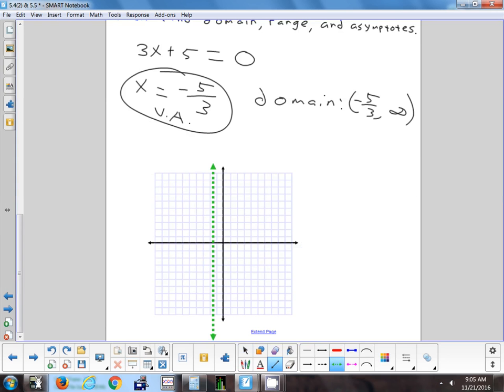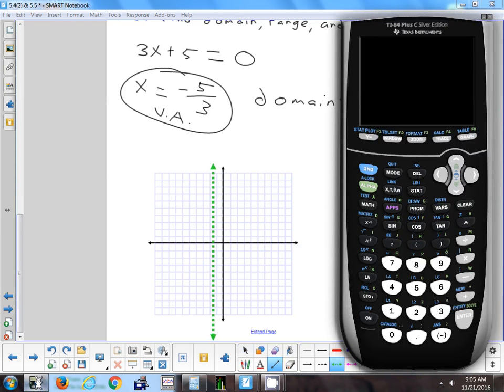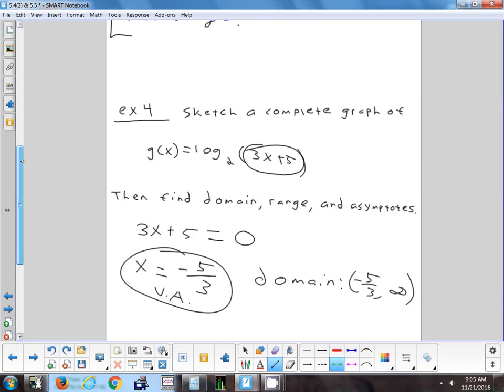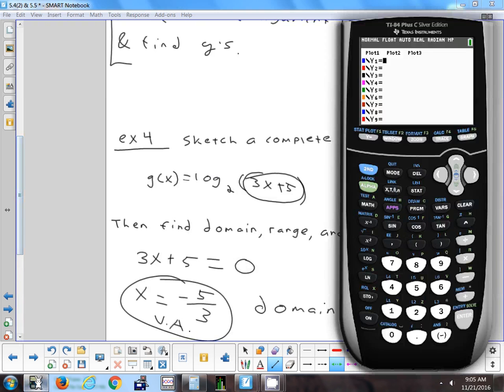And now from here, I'm going to use my calculator to get some other values. And I am going to have an intercept here. So I'll let x equal 0, and I'll find what it is. All right, so we're typing log of 3x plus 5, divided by log 2. That's my change of base formula.